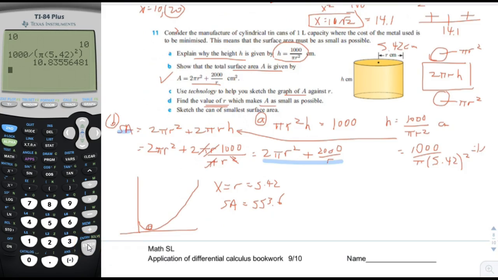The height is 10.8. Okay, so they just wanted to sketch the can with the dimensions. That's it.